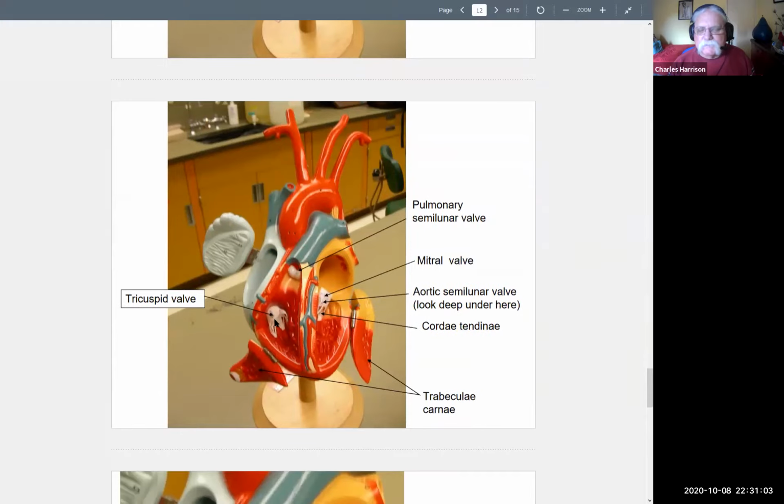The tricuspid valve, the mitral valve, the pulmonary semilunar valve. The aortic semilunar valve is still deep underneath here and cannot be seen in this model. The chordae tendineae are these little lines, these fibers, very, very tough. And the trabeculae carneae does show on the outer side. The inside is better.